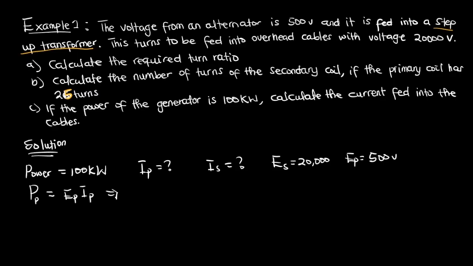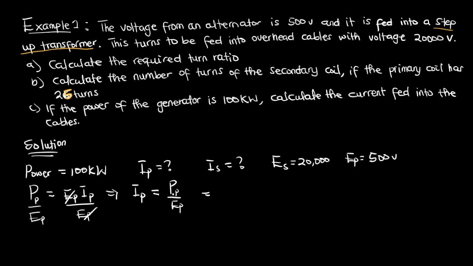So therefore, to find the initial current, or the current fed into the primary coil, it means that IP is equal to the power divided by the EMF. It means we divide both sides by EP, so this will cancel this. Our IP becomes PP over EP. Now these are just initials.